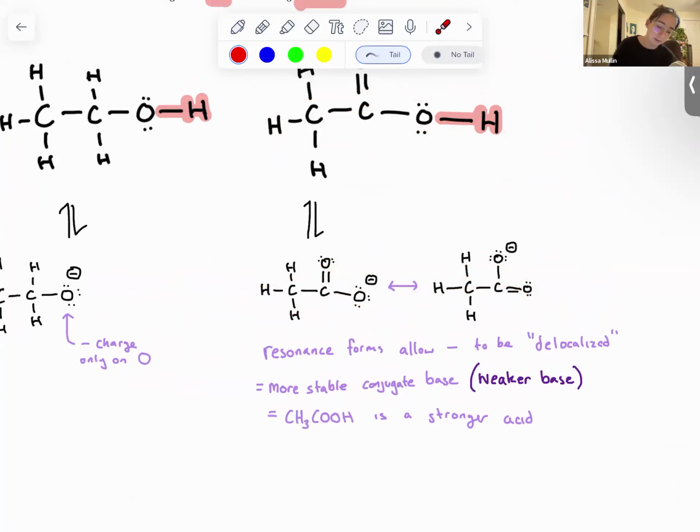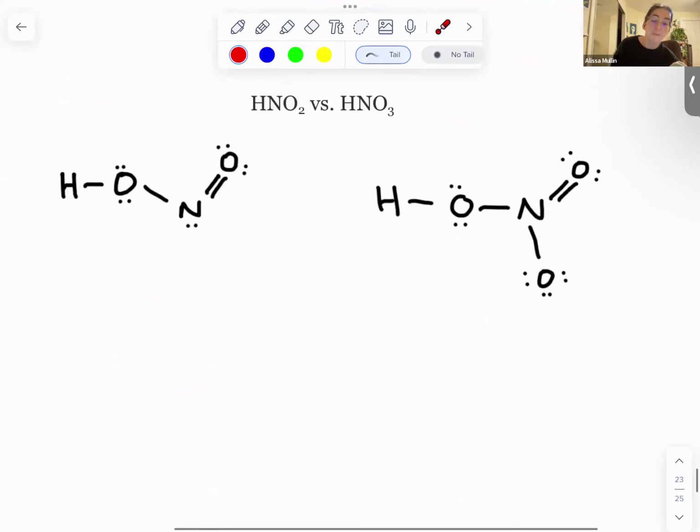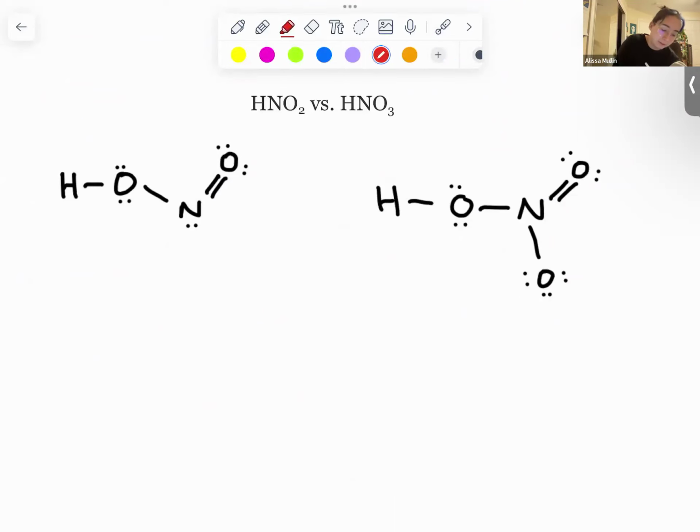Okay, let's look at one more example. We have these two. Looking just at the formulas, you probably know which one's stronger, but let's talk about the structures. Or you could pause the video, honestly, and try this one on your own. This one we could use either explanation to explain it. There are multiple ways we could go about it.